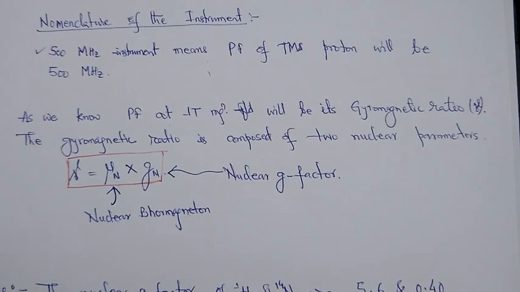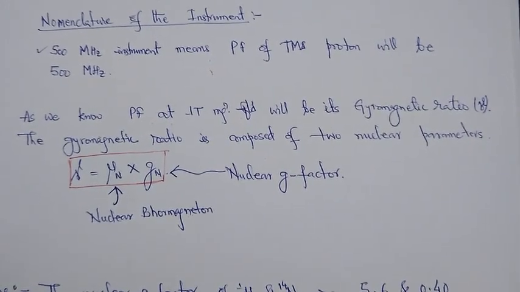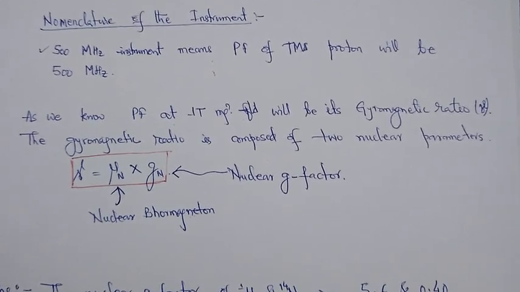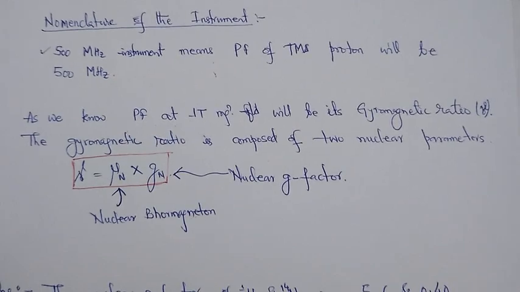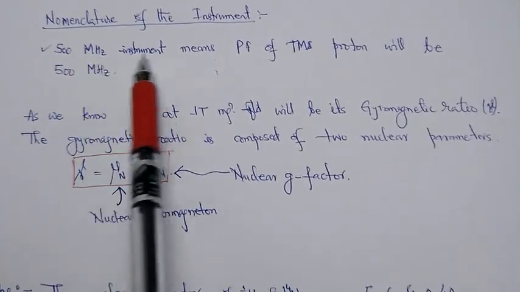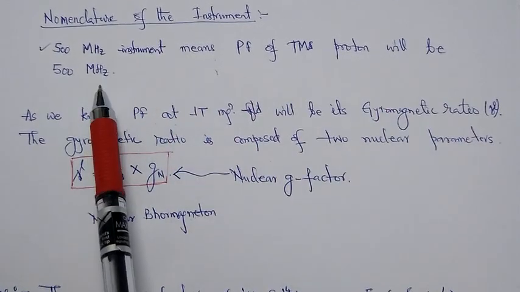As we have solved some problems related to the precessional frequency, now let us move towards the nomenclature of the instrument. The nomenclature of an NMR spectrometer is always based on its precessional frequency. For example, a 500 megahertz instrument means the precessional frequency of TMS proton will be 500 megahertz.